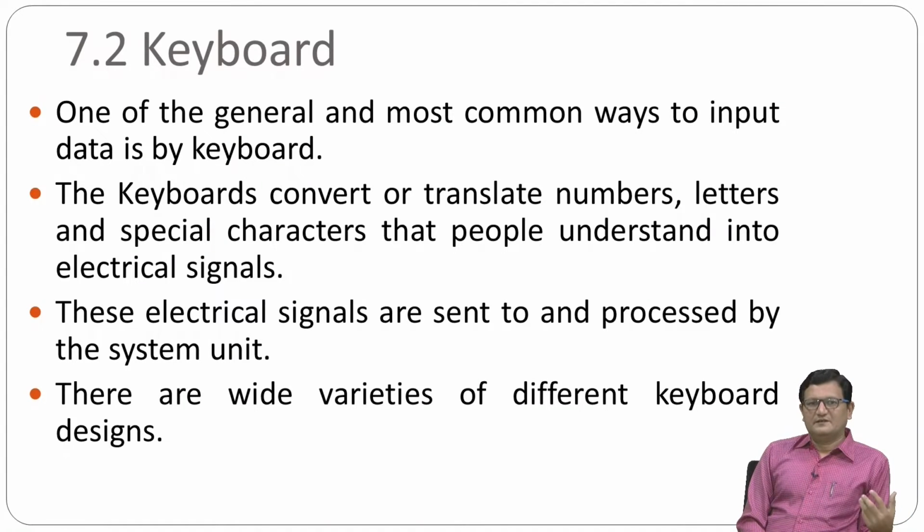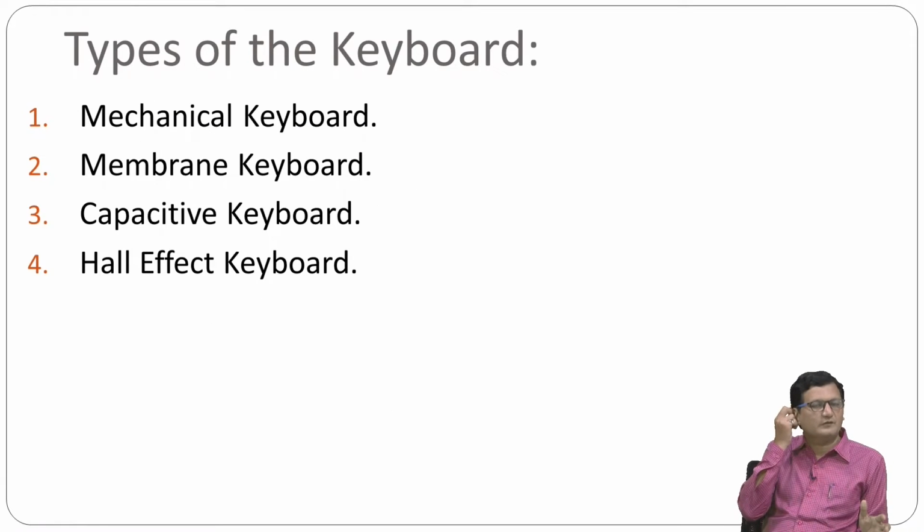There is a wide variety of keyboard designs, right? Multiple different types of keyboards are available in the market. How many types of keyboards are there? Mechanical keyboard, membrane keyboard, capacitive keyboard and Hall effect keyboard.